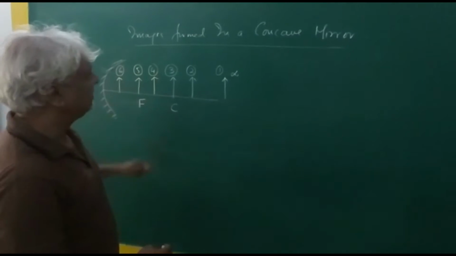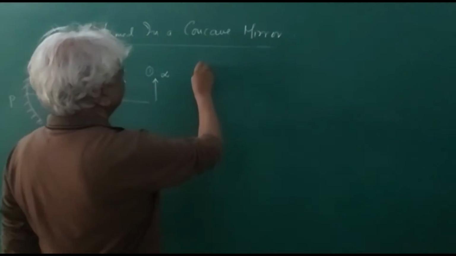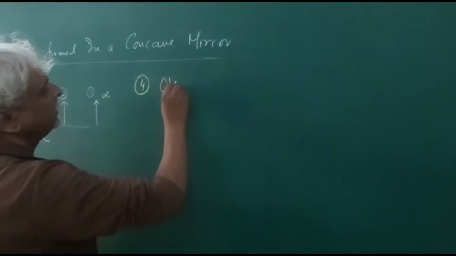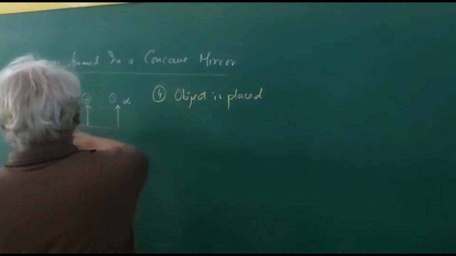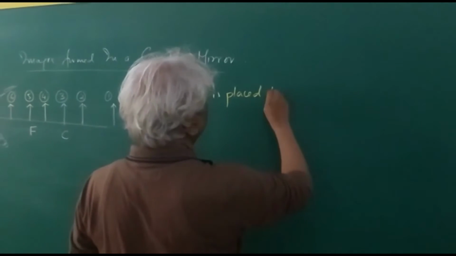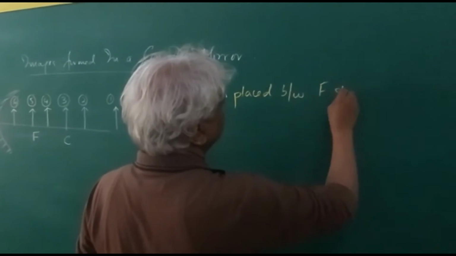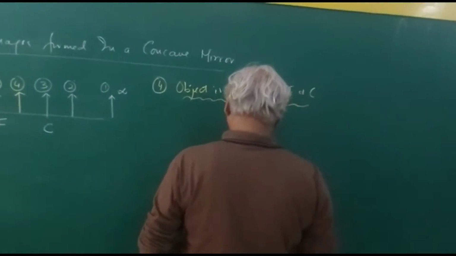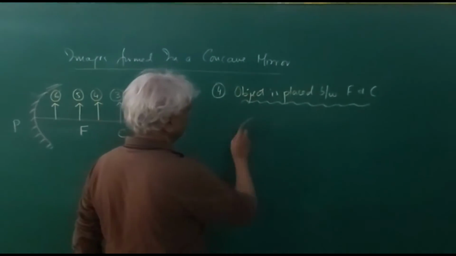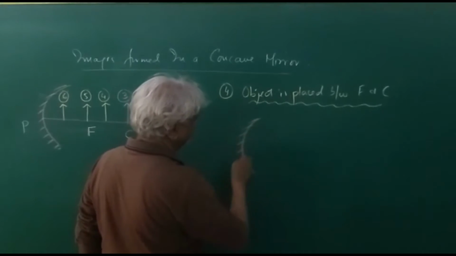So the fourth case is when the object is placed between F and C, between the principal focus and the center of curvature. Let's say this is a concave mirror.